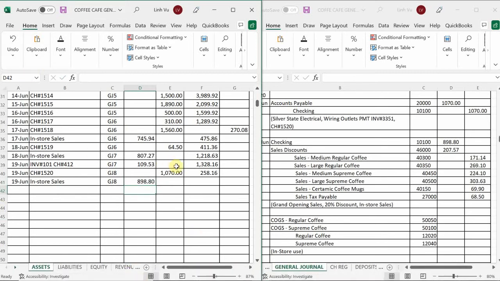How much should you have in your checking account? 1,156.96. Good. Okay.